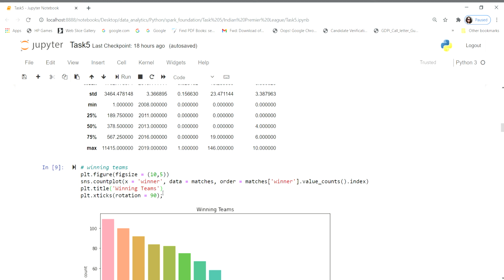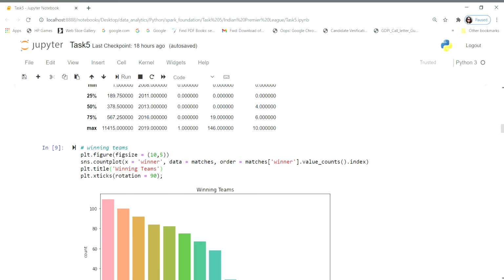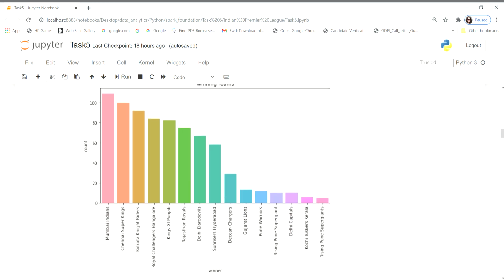First I have drawn a graph for the winning teams: which team has won the maximum number of times and which the least. From this graph I can say that Mumbai Indians have won the maximum number of times, and it is decreasing. The least winning is Rising Pune Super Giants.